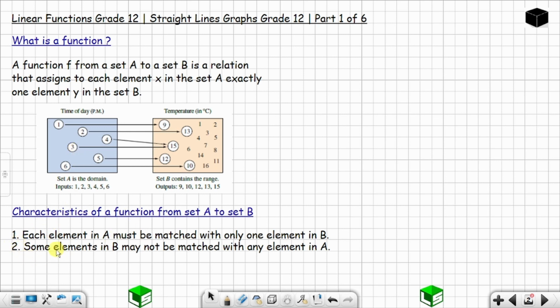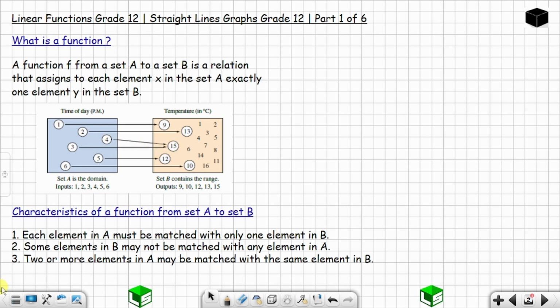A third characteristic is that two or more elements in A may be matched with the same element in B. Let me read that again. Two or more elements in A may be matched with the same element in B. For example, you can see 3 is matching with 15 and 4 is matching with 15.